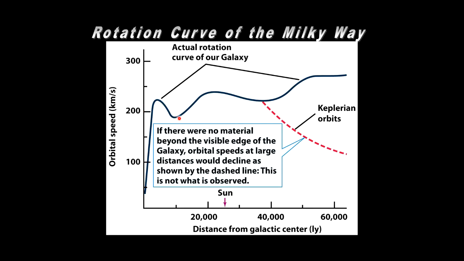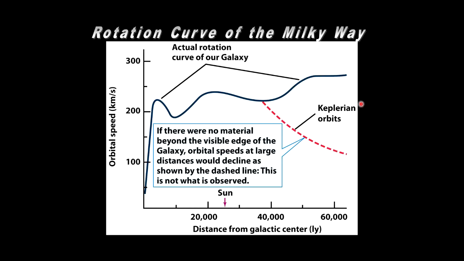The particular curve that we see here is okay for the inner region, but as we get further out, we should start to see more of a Keplerian orbit, where we have a definitive reduction in the orbital speed as we get further out. However, we have something that's very different than that, namely that the outer stars are actually speeding up, and we cannot detect the mass that would be associated with causing the orbital speed to be so large for these outer stars.